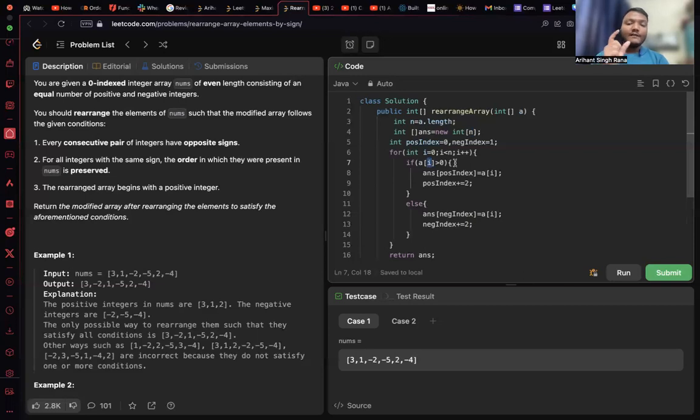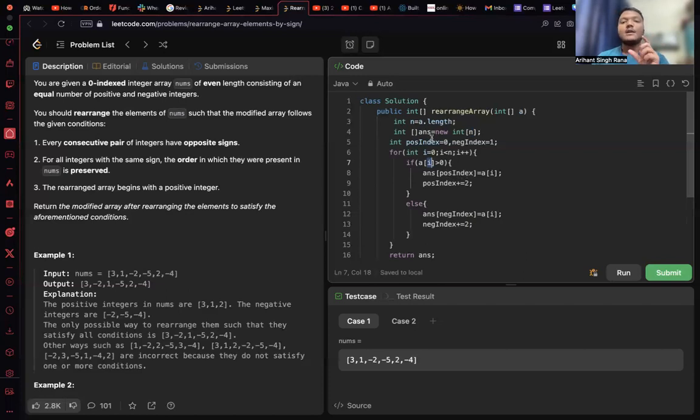As I told you, the positive index variable only accounts for positive numbers. We will place the element which is at the ith index inside the A array, inside the answer array at the pos index.